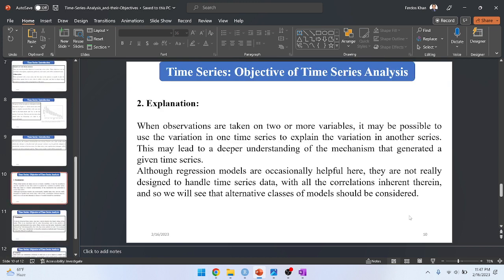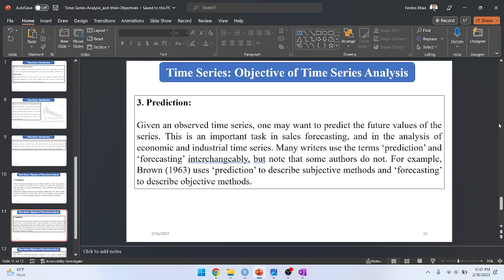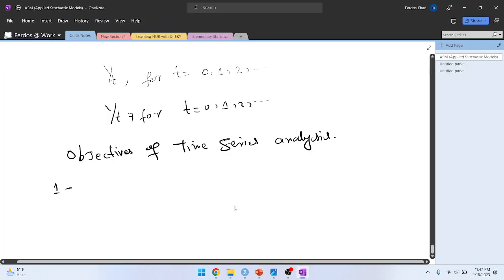The second objective of time series analysis is explanation.